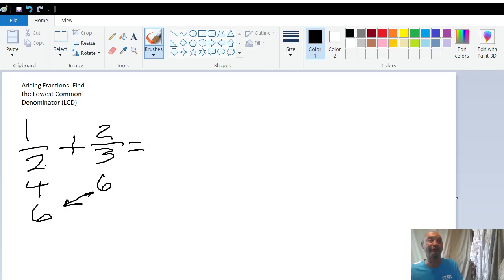So now we just multiply the numerator by the same number that we did to get to the lowest common denominator. So in this case, it's 3. We had to multiply 2 times 3 to get 6, so we also multiply the numerator by 3 to maintain the same proportion.